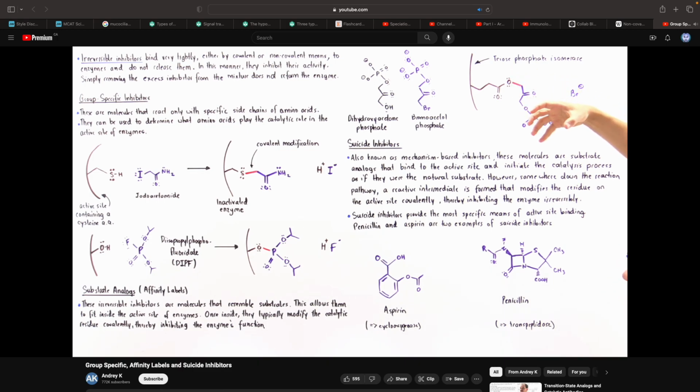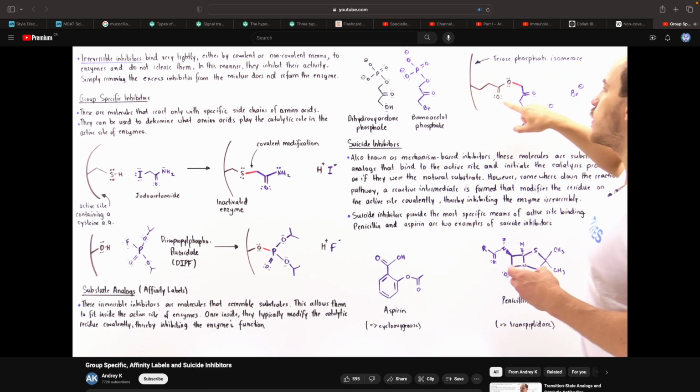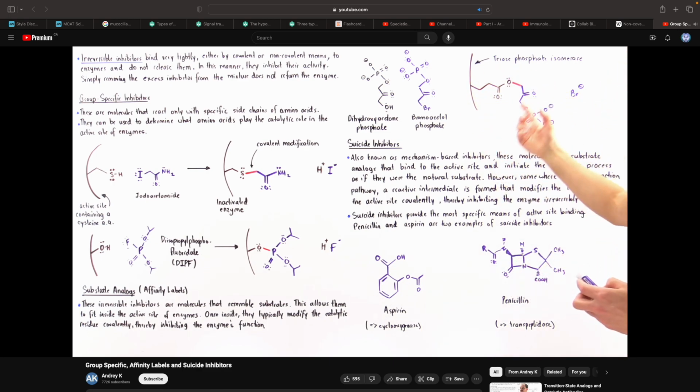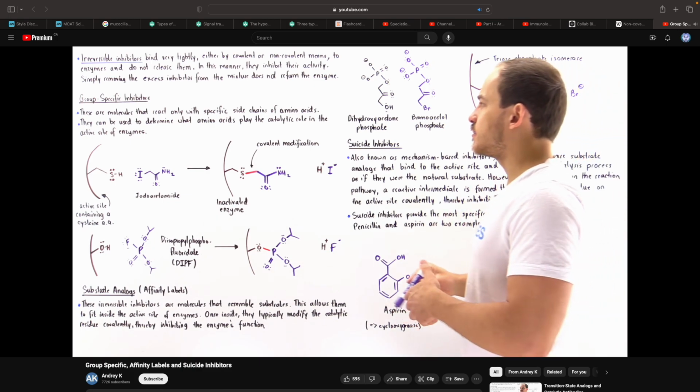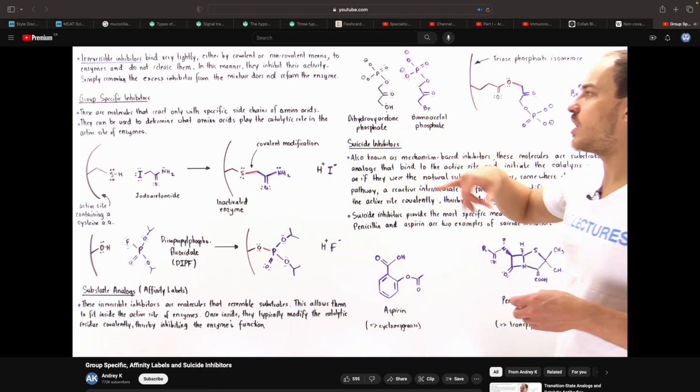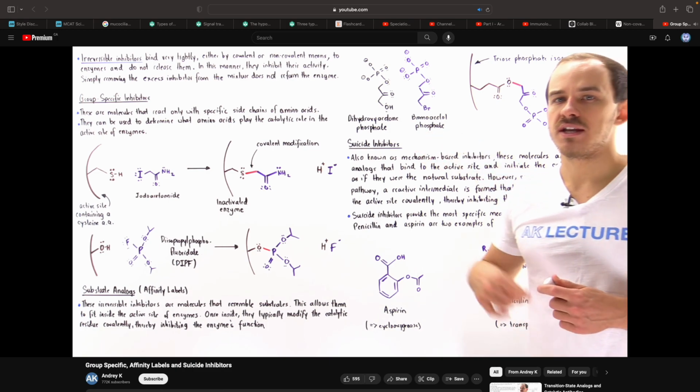Inside the active site of triose phosphate isomerase, we have this glutamate molecule.